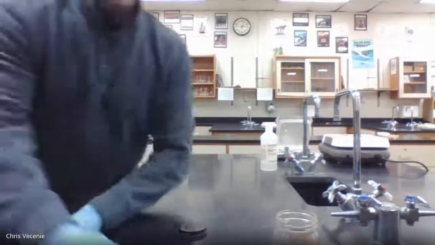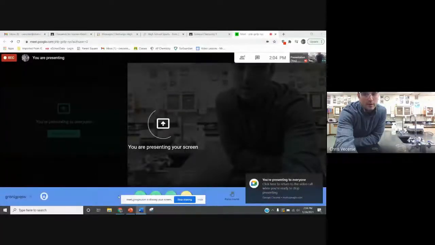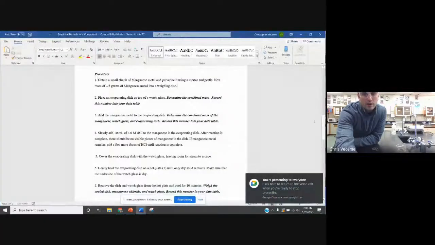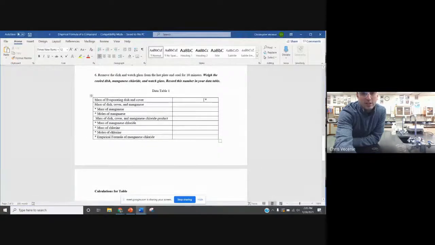So in your data table, for that top line, mass of evaporating dish and cover, it's 53.40 grams.